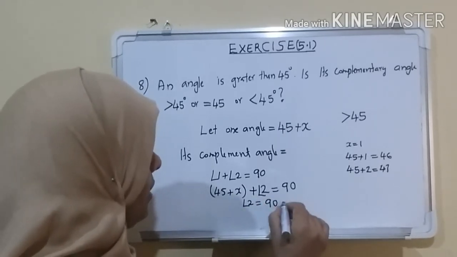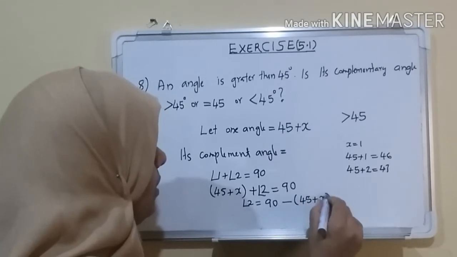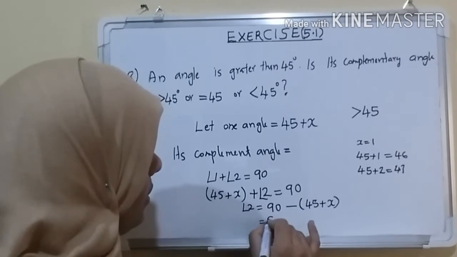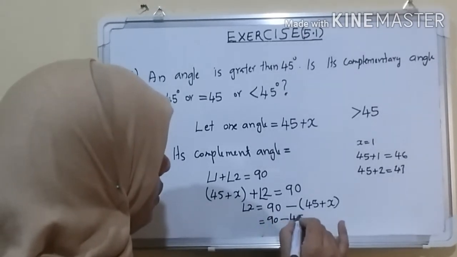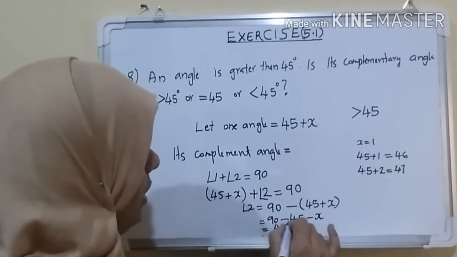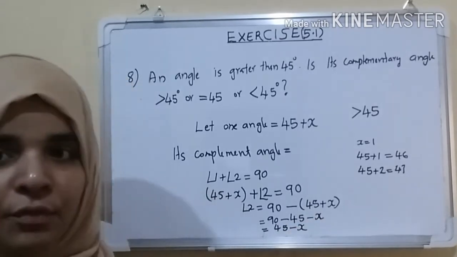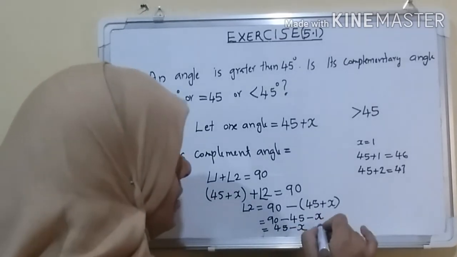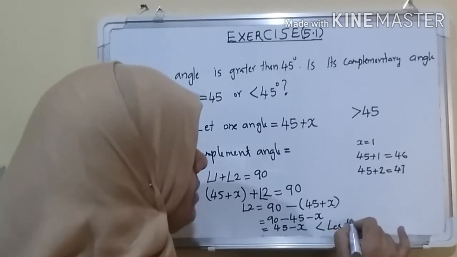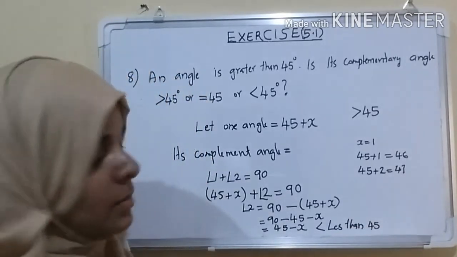90 minus (45 plus x), right? Just open this bracket. 90 minus 45 minus x. This is equal to 90 minus 45, which is 45 minus x. 45 minus x means less than 45, right?